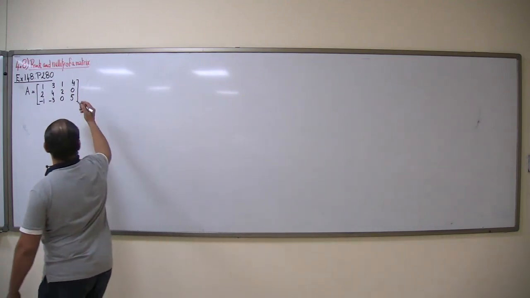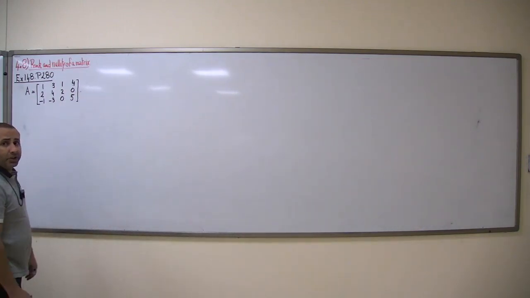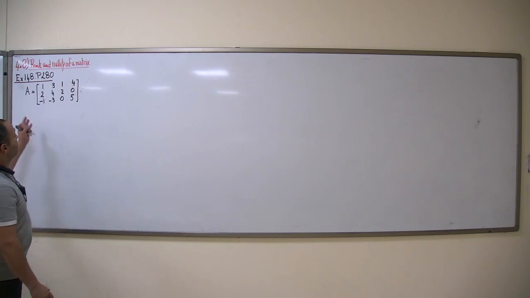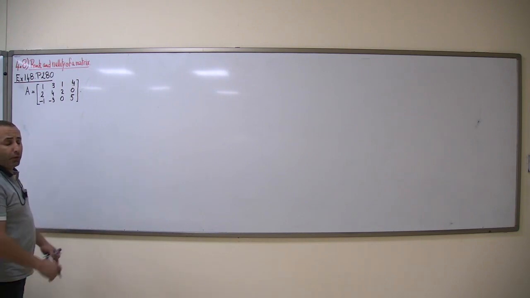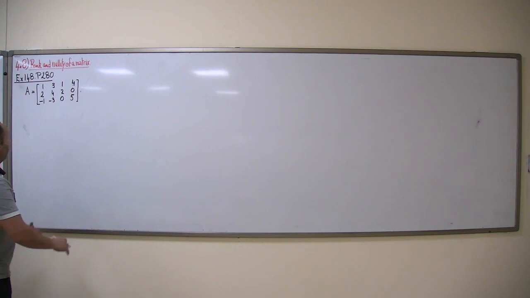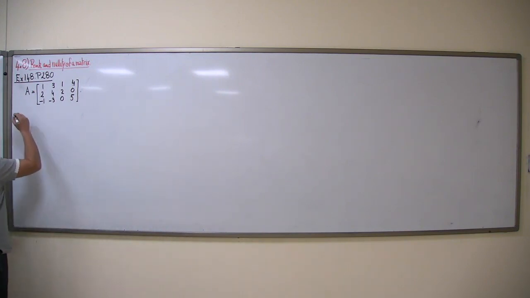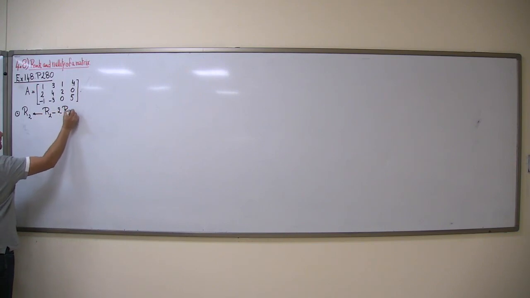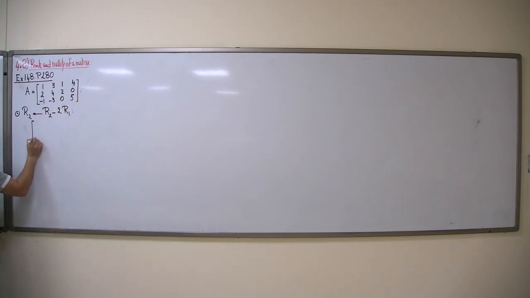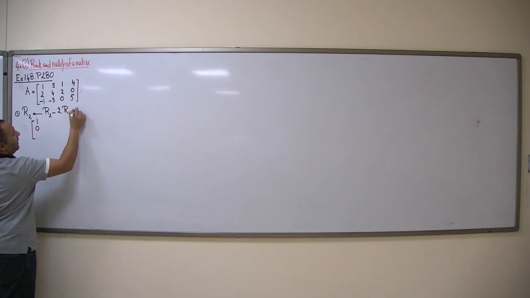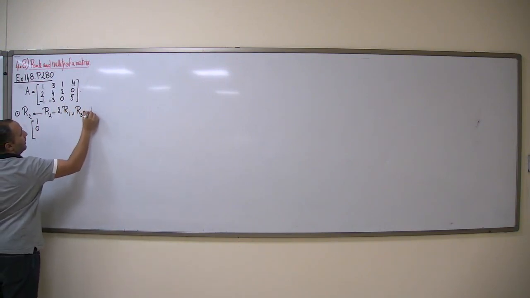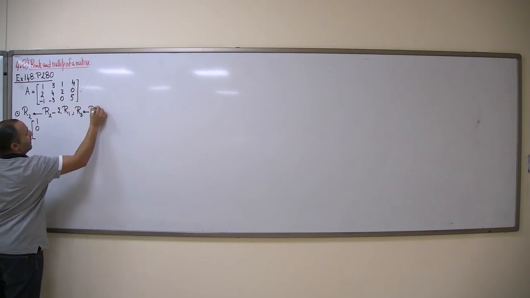So as I have said in the previous recorded lecture, you have to write A in row echelon form, apply elementary row operations, and then everything will be clear for you. So I'm going to say R2 becomes R2 minus 2 times R1, and then we obtain 1, 0, and let's do it together, and R3 becomes R3 plus R1.